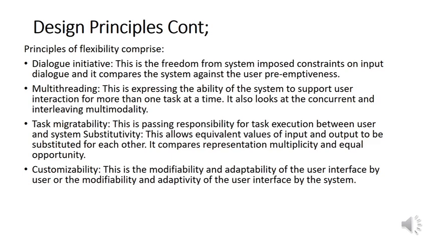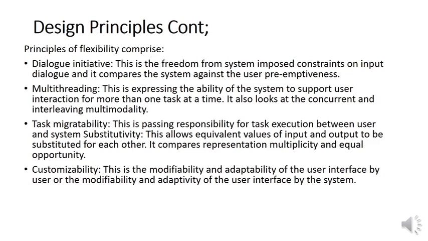Or in a situation whereby the user mistakenly takes an action, dialogue will help the user to retract such an action instead of mistakenly executing a wrong instruction. Then multi-threading. This is expressing the ability of the system to support user interaction for more than one task at a time.